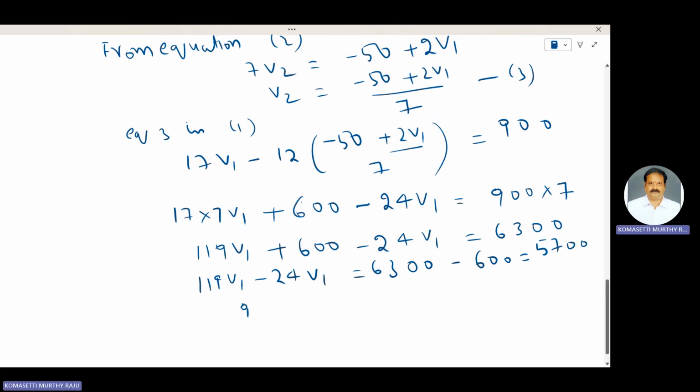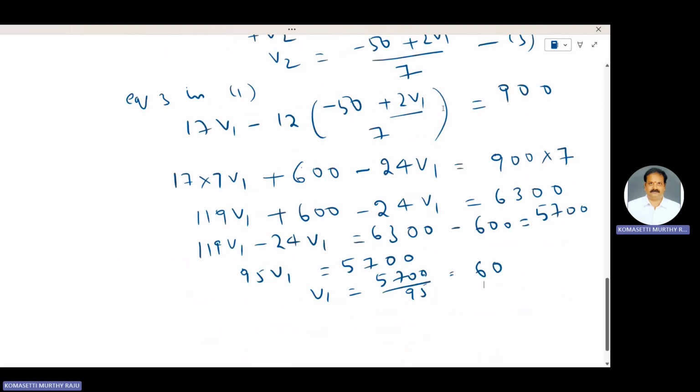This one is 95 V1 is equal to 5700. Therefore, V1 is equal to 5700 by 95, that is 60. V1 value is 60.